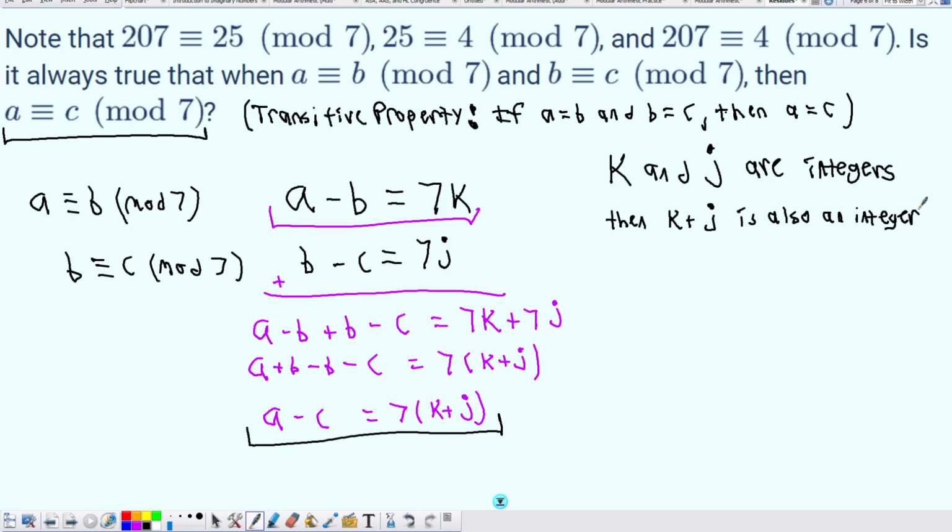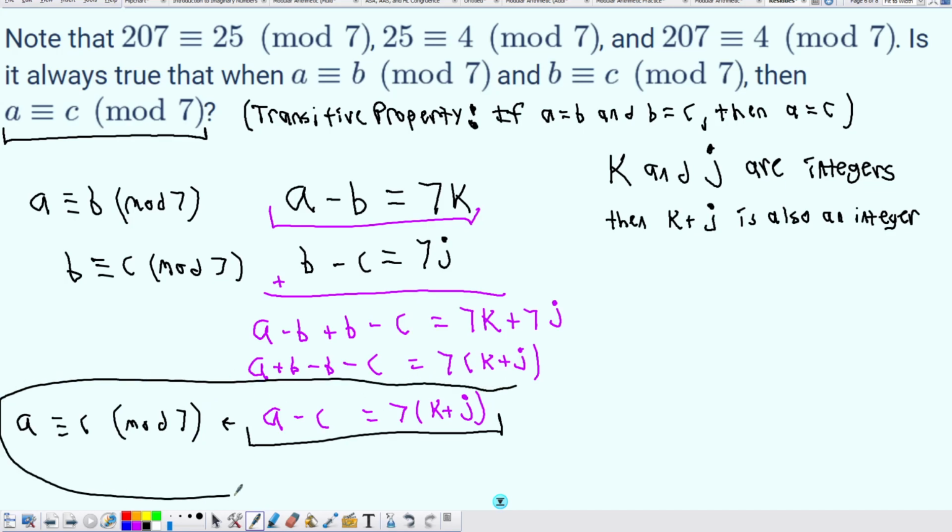So, what this means is that the difference of A and C is equal to 7 times an integer, which means that the difference of A and C is a multiple of 7. And that firmly establishes the fact that A must be congruent to C under mod 7. And that is precisely what we wanted.